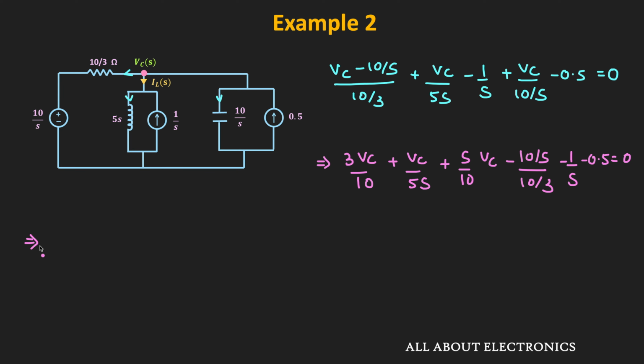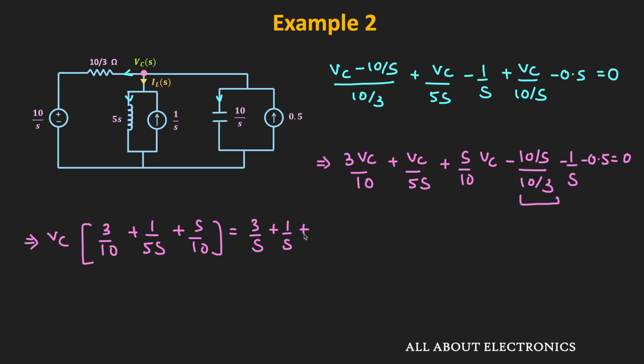Or further, we can write it as Vc times 3 divided by 10 plus 1 divided by 5S plus S divided by 10, equal to 3 divided by S, that is this term, plus 1 divided by S plus 0.5. Here, if we combine these two terms, that is equal to 4 divided by S. That means on the right hand side, we will have 4 divided by S plus 0.5.